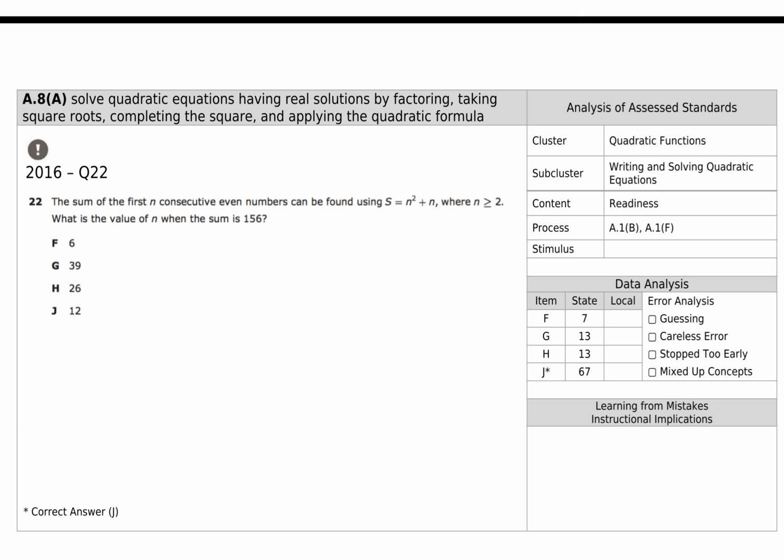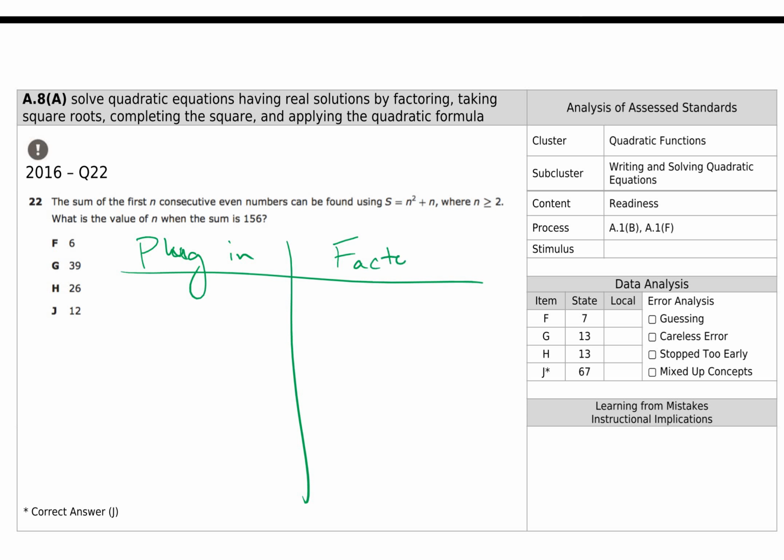Next question. It has both an n squared and an n, so we're going to need to factor it. I'm going to leave space on the left because you can also plug in like we've been saying. So we have n squared plus n, and that is supposed to give us 156.